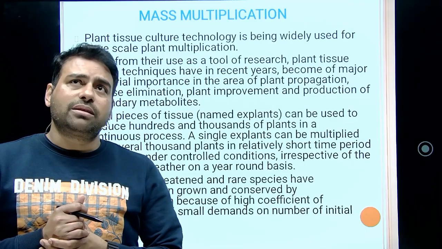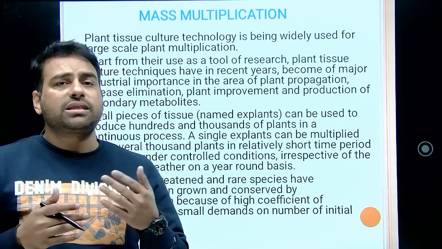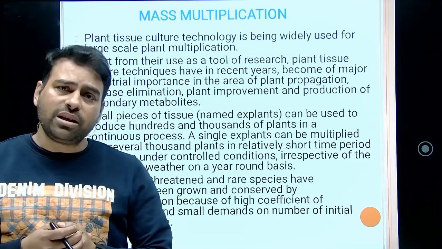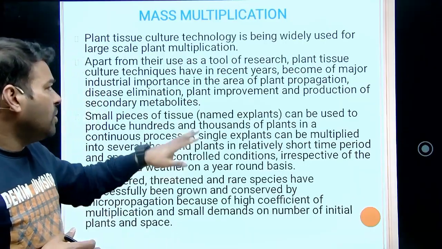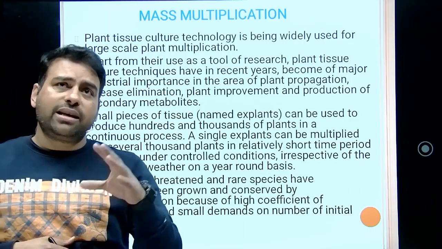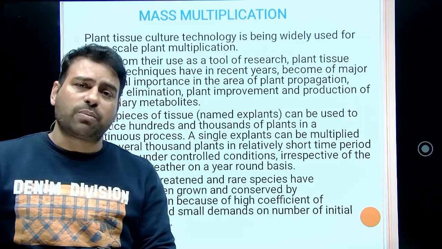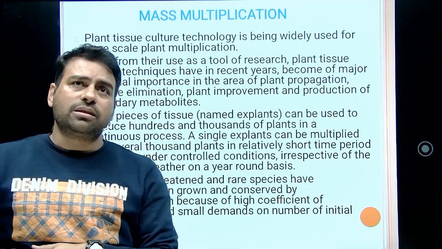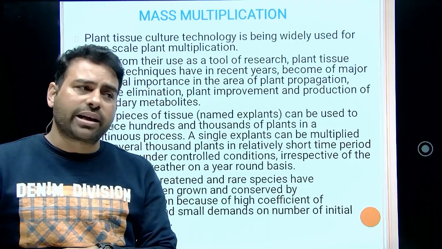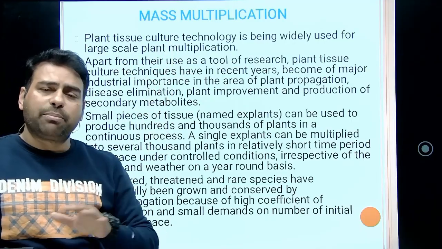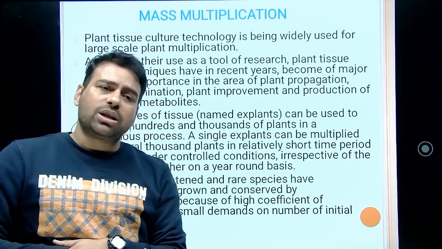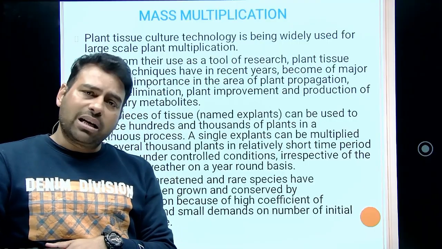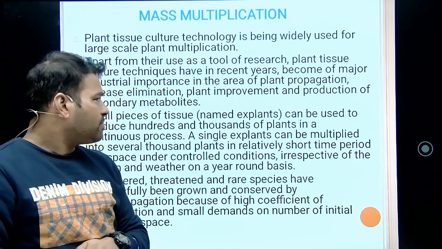In the case of some specific crops, like some medicinal crops, some herbs, and some other crops like banana and sugarcane, recently we are using this mass multiplication procedure. The plant tissue culture and micropropagation method is very capable of multiplying the plant material in a short time.